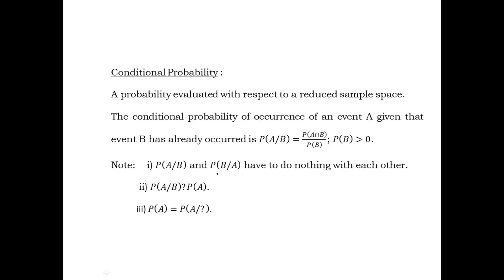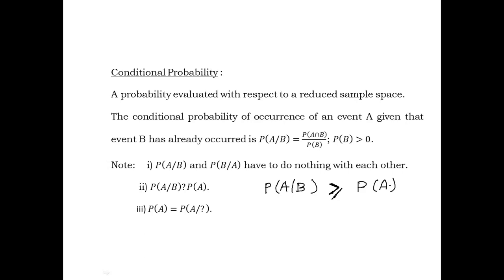Here, if we see logically, if A and B are independent, then probability of A given B will be exactly equal to probability of A. Otherwise, if not independent, then provided that event B has already occurred, because of that additional information, our sample space gets reduced and the denominator is becoming smaller, so the ratio will be larger than the corresponding unconditional. So probability of A given B will be greater than or equal to probability of A.